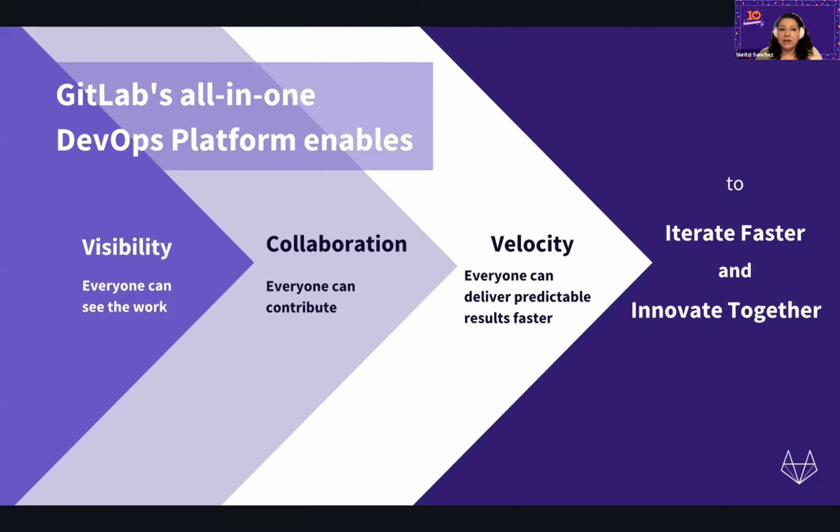The all-in-one DevOps platform approach allows for more visibility because everyone can see the work. It allows for more collaboration because everyone can contribute. And it allows for more velocity because everyone can deliver predictable results faster. And this is leading open source communities and companies alike to iterate faster and innovate together.